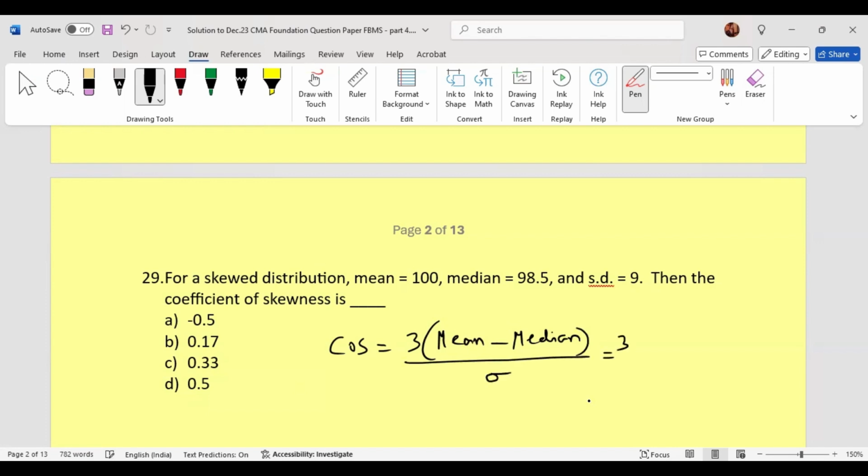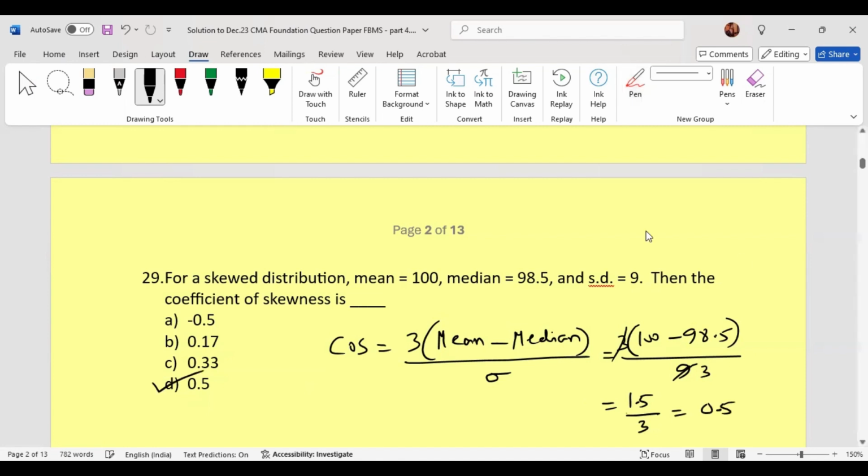So 3 times mean, which is 100, median 98.5 divided by standard deviation is 9. If we evaluate this, we will get 1.5. This goes with this 3 times. So 1.5 divided by 3, we will get 0.5 as the coefficient of skewness. So option D.